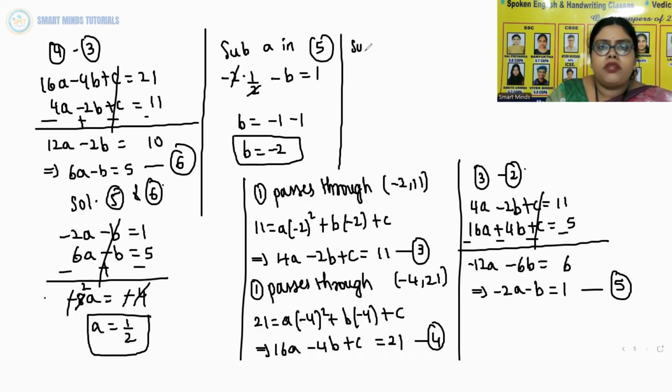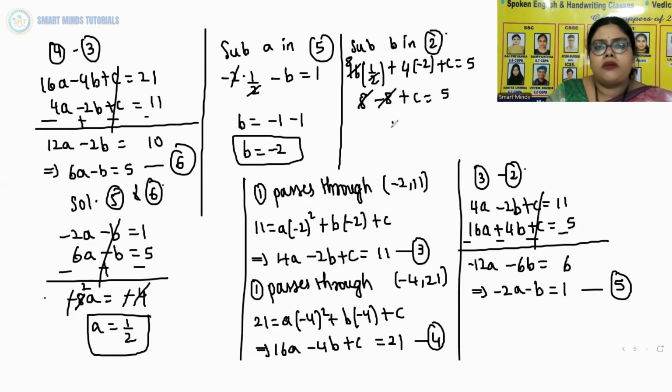Now substituting b in equation number 2. So 16 into 1 by 2 plus 4 into minus 2 plus c is equal to 5. 2 ones are 2, 2 eights are 16. So 8 minus 8 plus c is 5. 8 minus 8 becomes 0. So c is equal to 5.